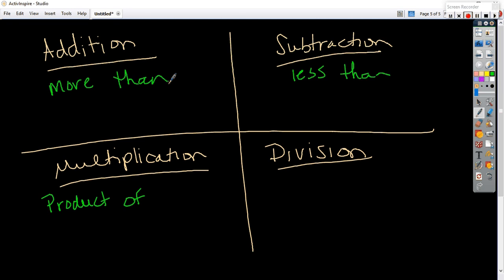Times. Quotient. How about difference? Sum.